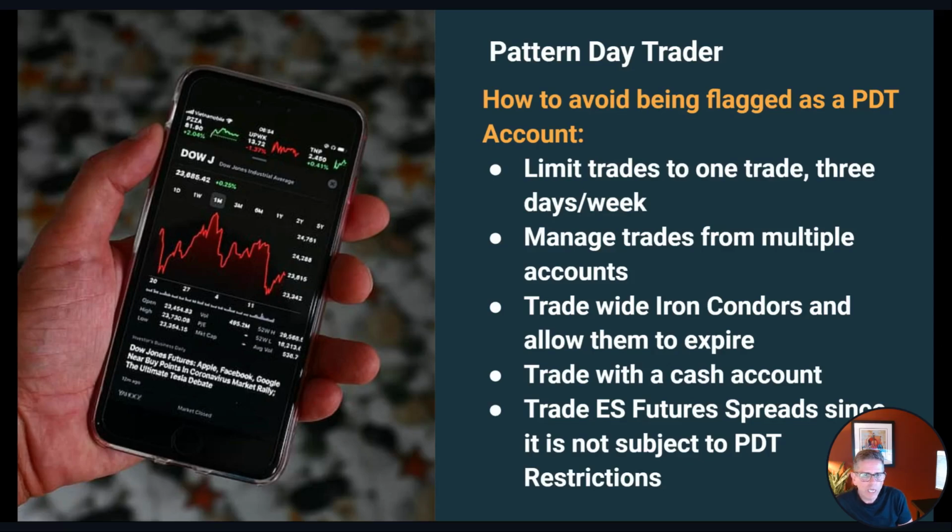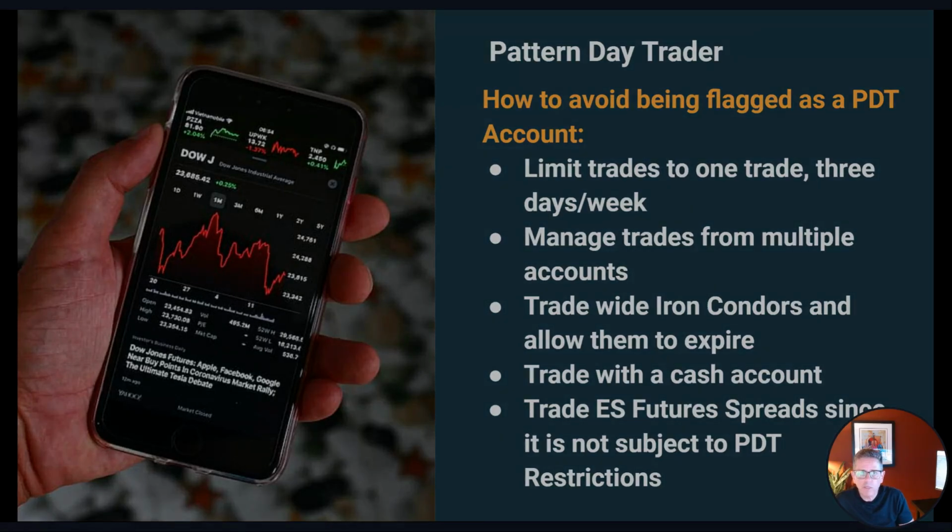You can have a cash account, but you can't sell verticals on a cash account. Or you can trade ES futures, which are not susceptible to PDT. We'll talk more about that when we go into the ES futures side.